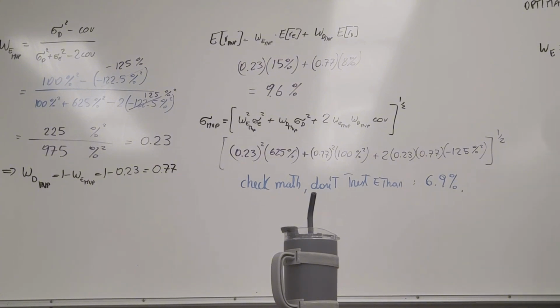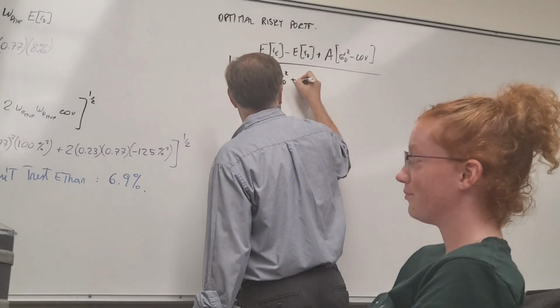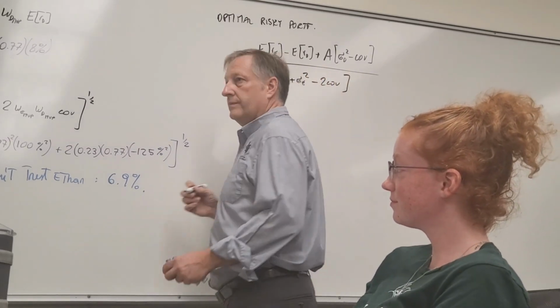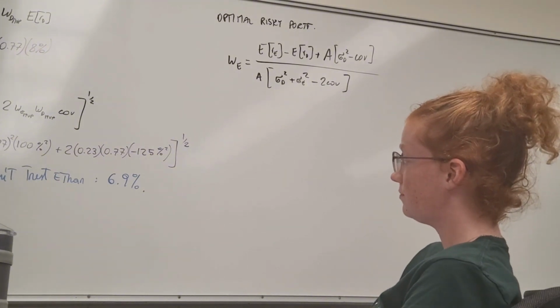A sigma D minus copy. Then the A sigma D sigma E minus copy. Yep. So let's put numbers in there real fast.